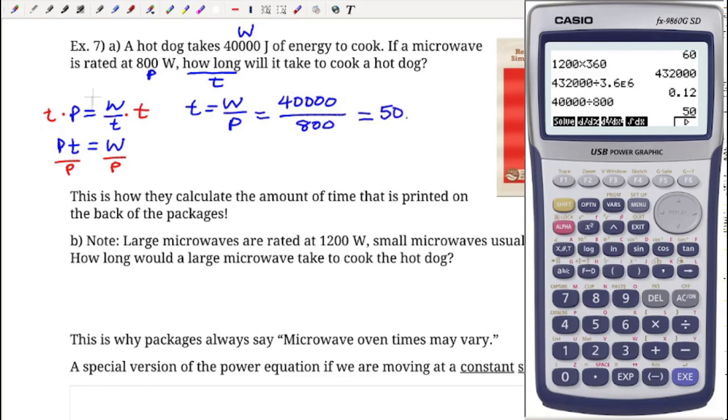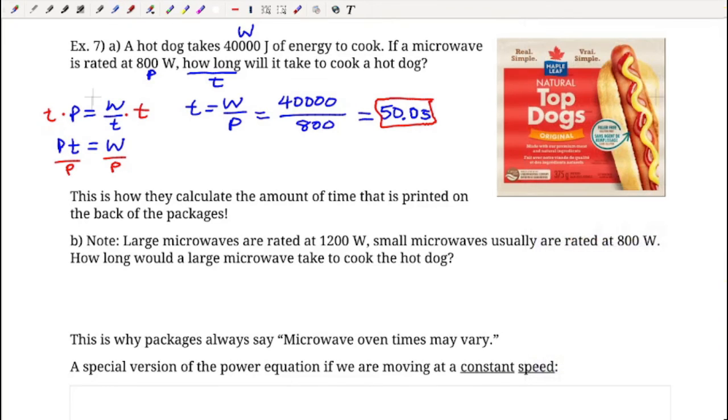Again, to get to 2 or 3 sig figs, I could do 50.0, that's 3 sig figs, seconds as my final answer. This is how they calculate the amount of time that is printed on your hot dog packet if you want to know how long you need to microwave it for. Believe it or not, they're using physics.